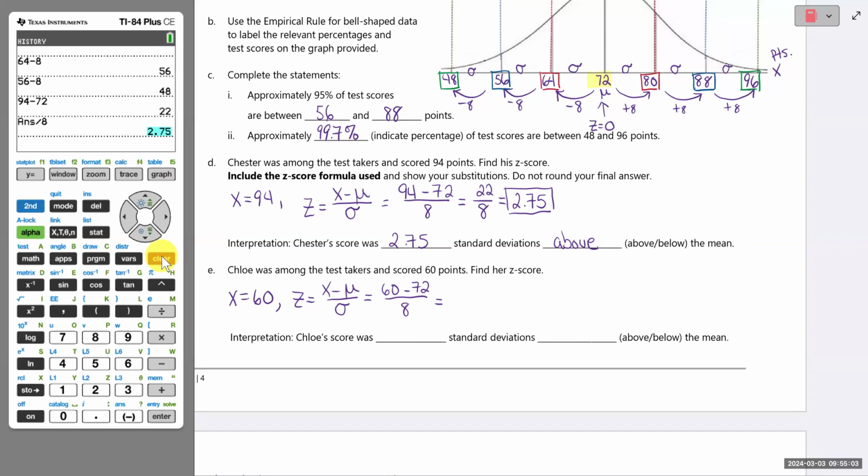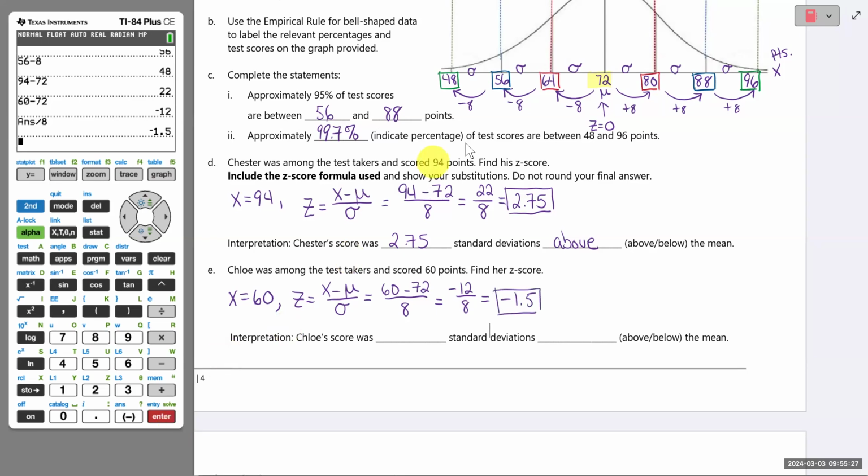Okay, let me just get on the calculator there. All right, so don't forget numerator first. So 60 minus 72 is negative 12. So she's below average, and dividing that by the standard deviation gives us negative 1.5.